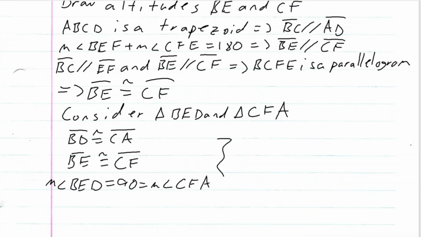So these three things together imply by hypotenuse leg that triangle BED is congruent to triangle CFA.